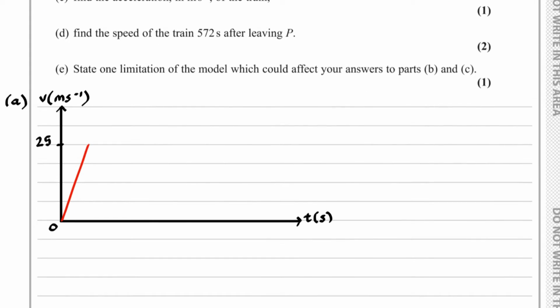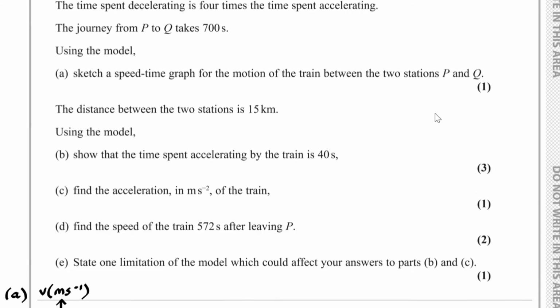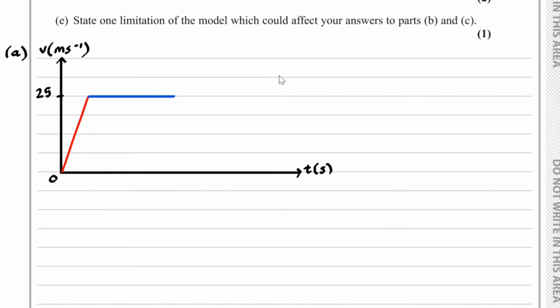so for the next part of the journey, it travels with constant speed, and then it has constant deceleration until it comes to rest at the point Q. So, here, for this third part of the journey, it comes to rest.